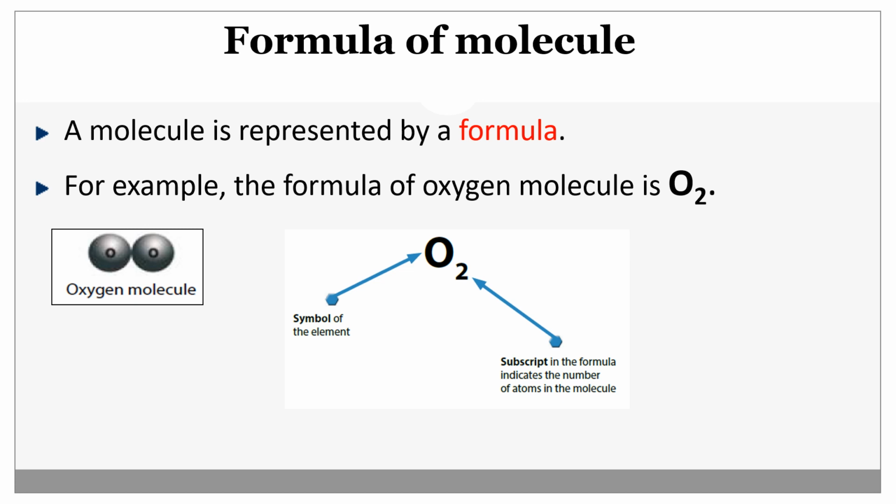In fact, the symbol of oxygen is capital O. The subscript in the formula indicates the number of atoms in the molecule. Here, the subscript 2 shows that there are two atoms of oxygen in one oxygen molecule.